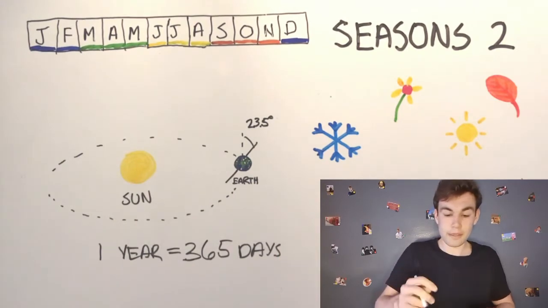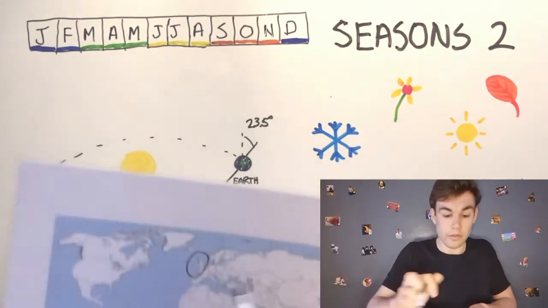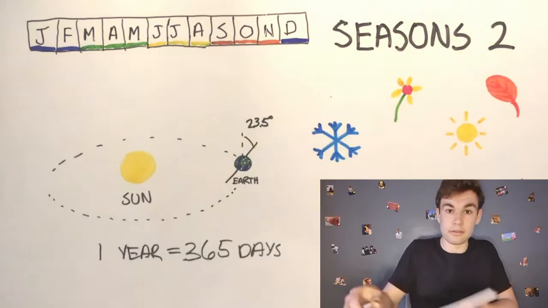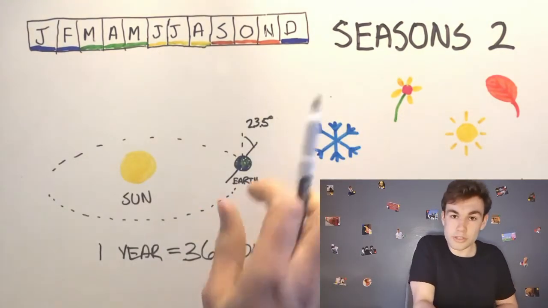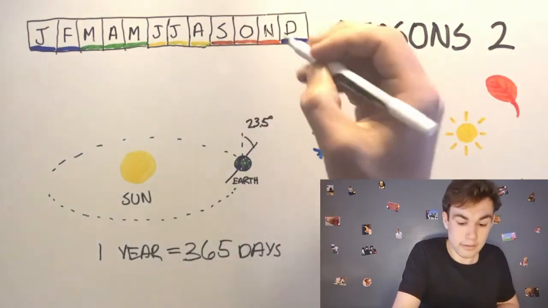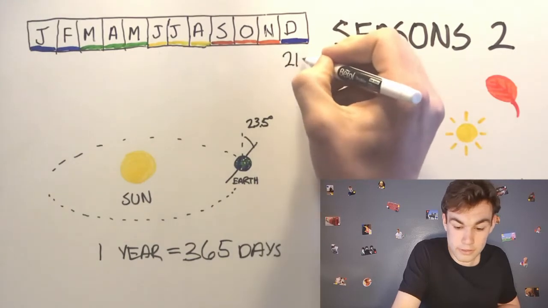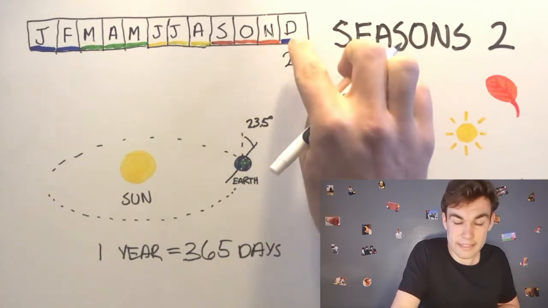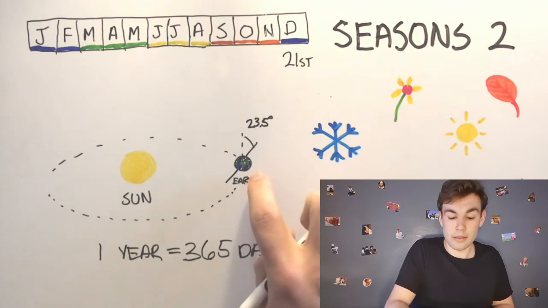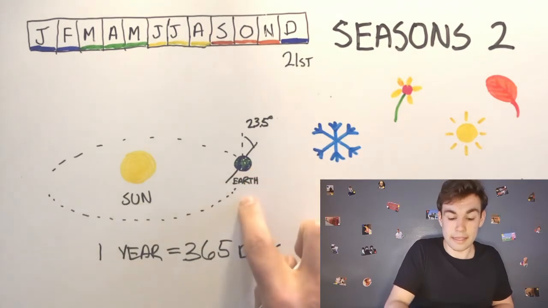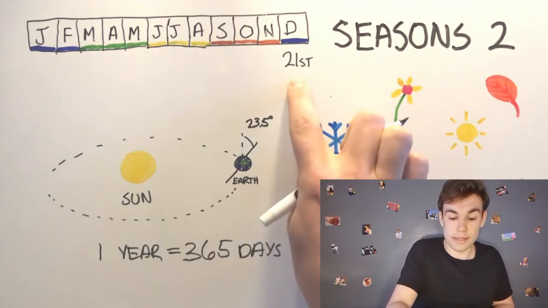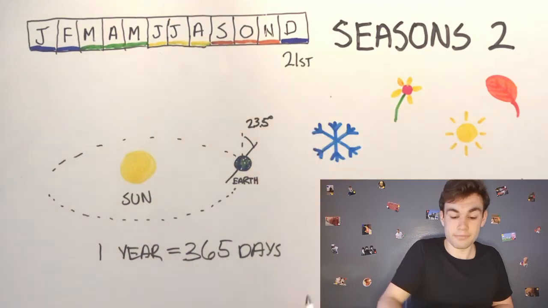Look, in the UK, the shortest day is the 21st of December. This is the Earth on the 21st of December.